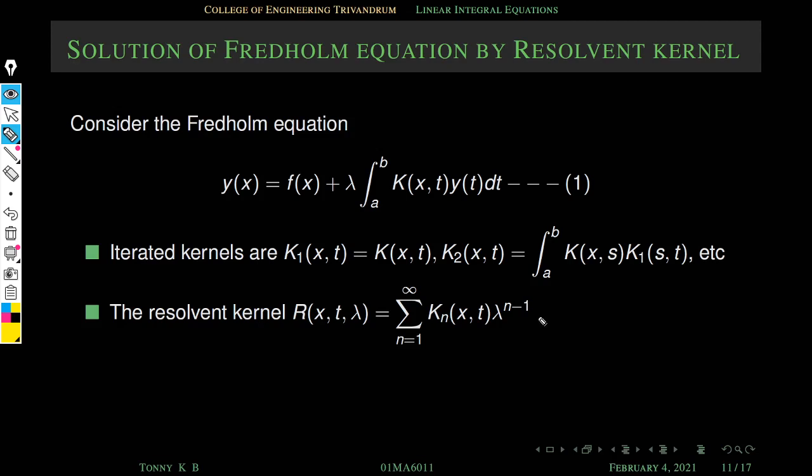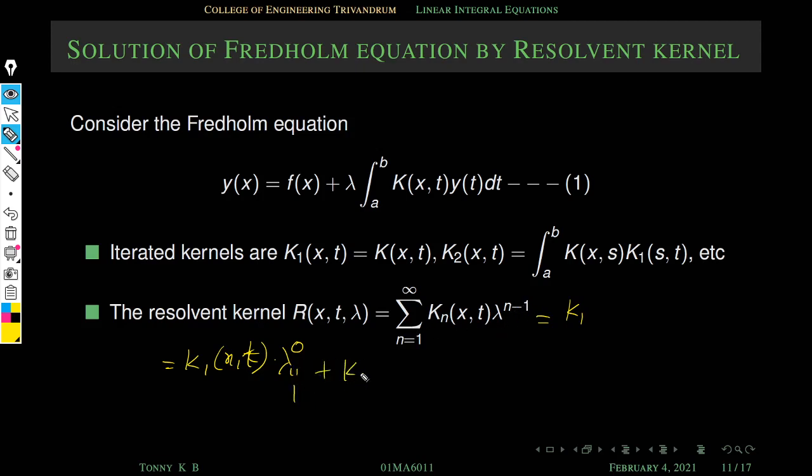When n equal to 1, this becomes k1 of x,t into lambda raised to 0. We know that lambda raised to 0 is 1.